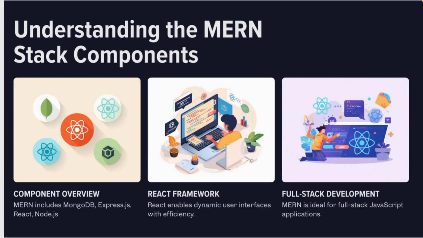Coming to the MERN stack, which is extremely popular today. MERN stands for M for MongoDB, E for Express.js, R for React, N for Node.js. The only difference between MEAN and MERN is the front end. Instead of Angular, MERN uses React.